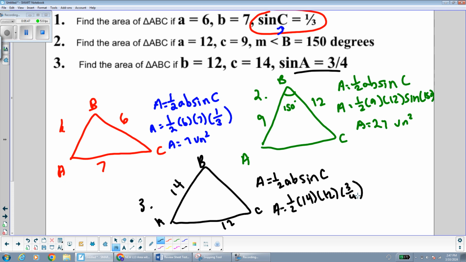Once again, I'm going to go on over to my calculator and type in 1/2 times 14 times 12 times 3/4. And I got that the area is equal to 63 units squared.